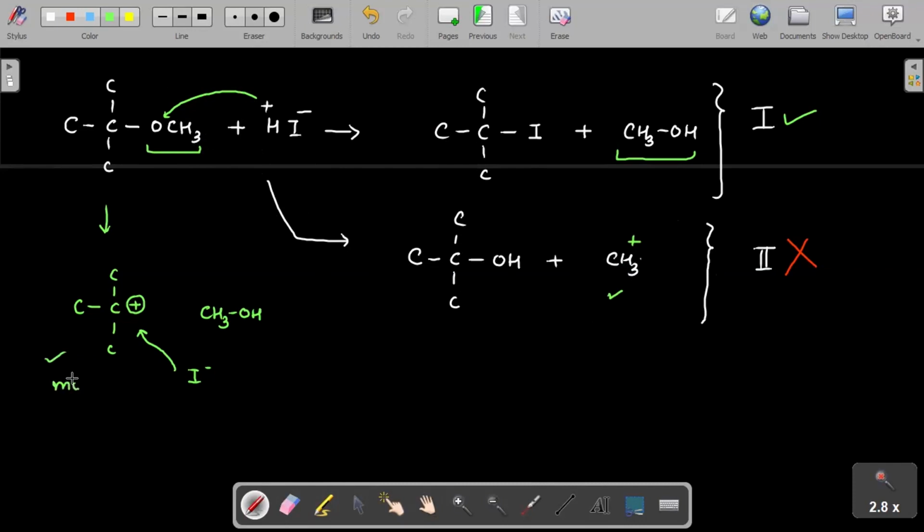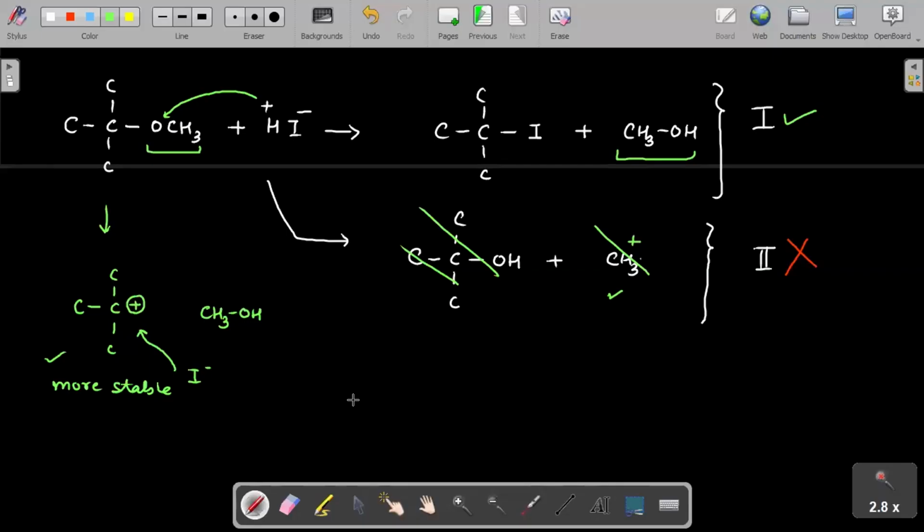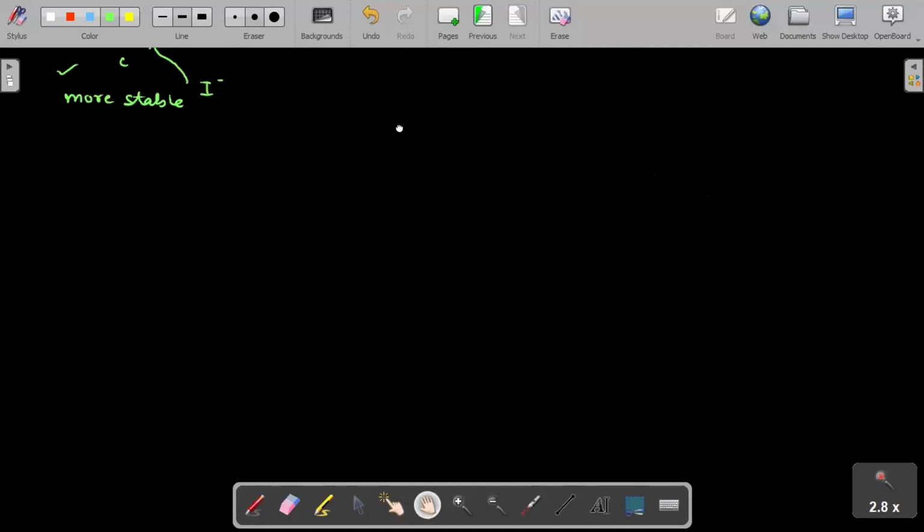Tertiary carbocation is more stable. So here we have to go with the first type of reaction, and we will not get this product. So this is what we have to understand from this reaction. These are the two important processes of the chemical properties of ethers we have studied.